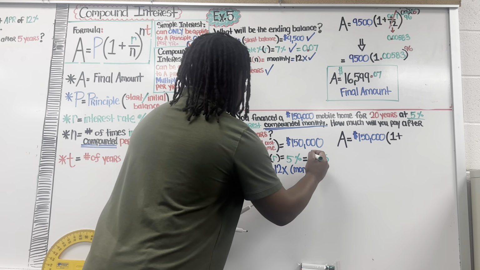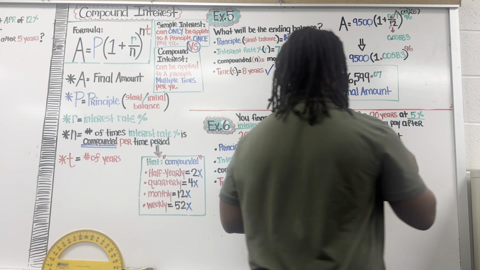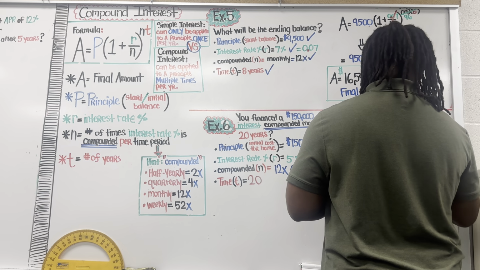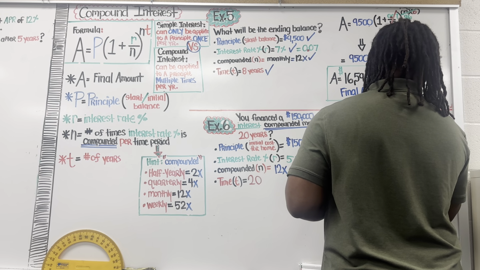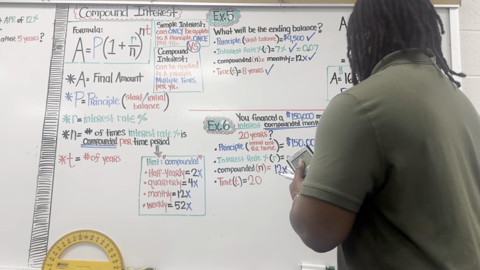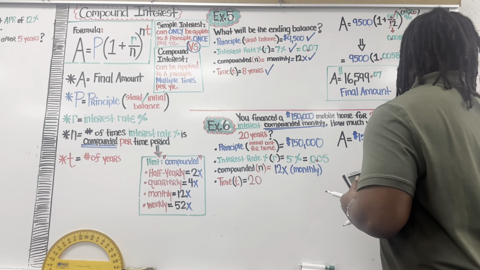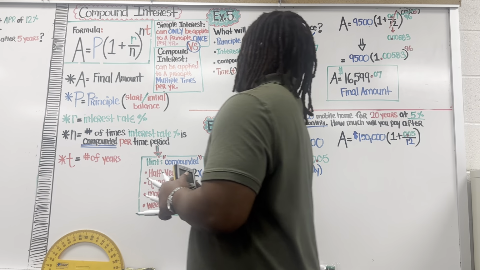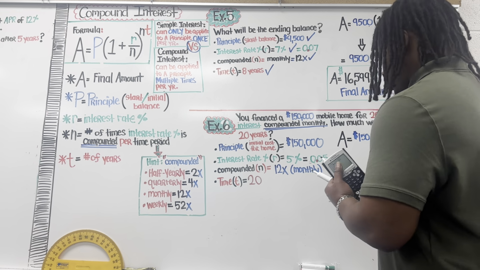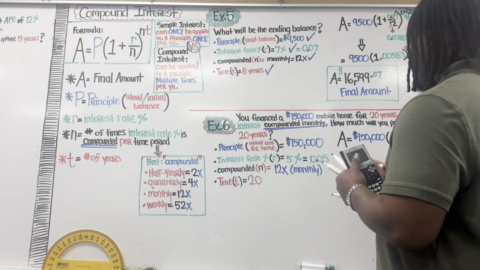So it's going to be 0.05 over N, where N is how many times it's compounded within a year, which is 12 times. Parentheses close, times the exponent N times T. So N is 12 times T, which is the number of years, which is 20.